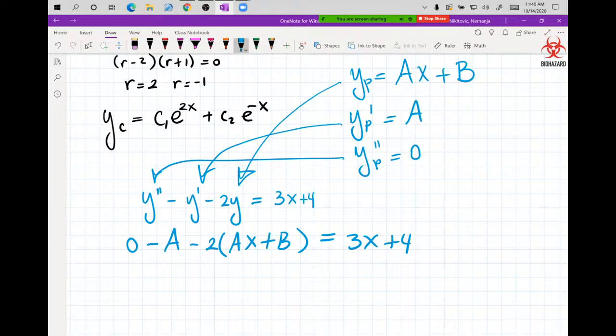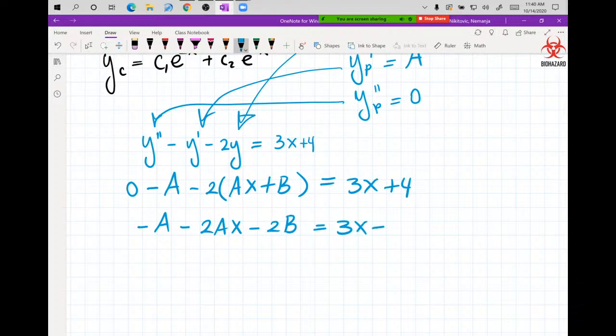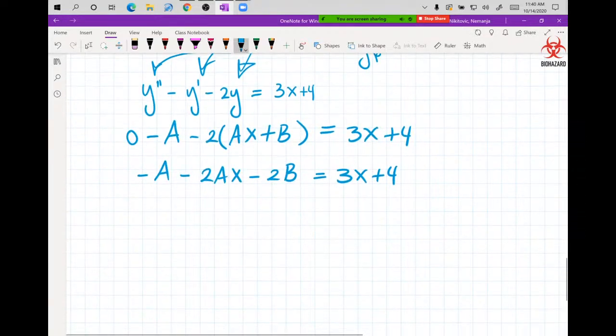You have your a and b undetermined coefficients, and we can use this equation to determine them. So negative a minus 2ax minus 2b is equal to 3x plus 4. I have negative 2ax equal to 3x. x and x, right, coefficients.